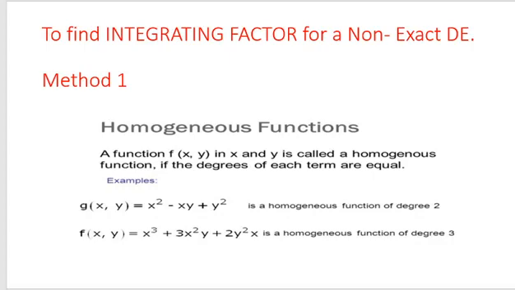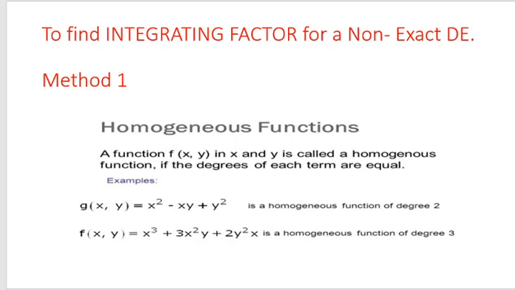Let us look into the second example, f(x,y) = x³ + 3x²y + 2y²x. This function f(x,y) is also a function of 3 terms. The first term is x³, which is of degree 3.